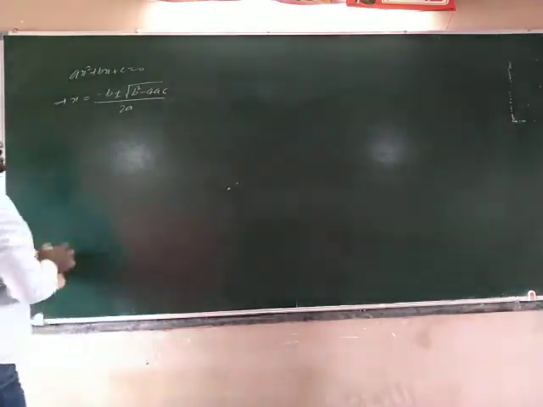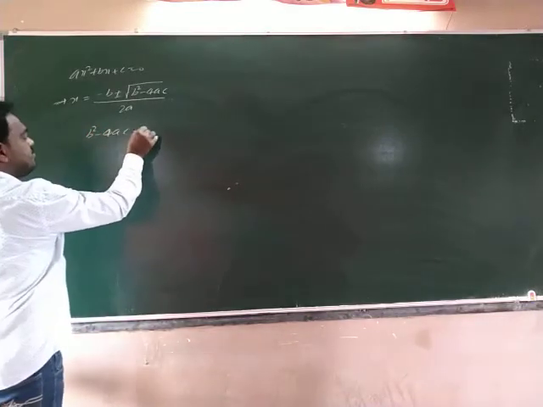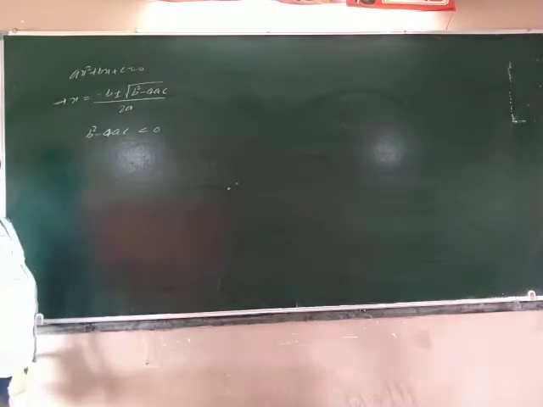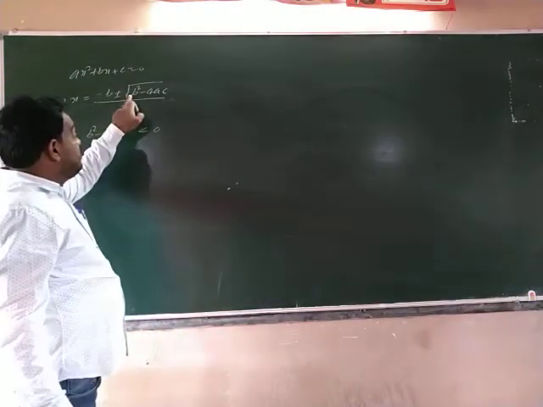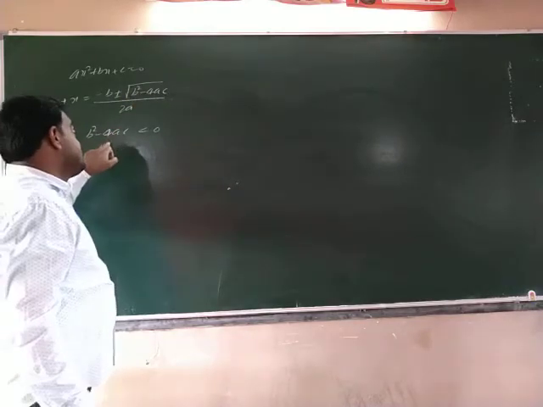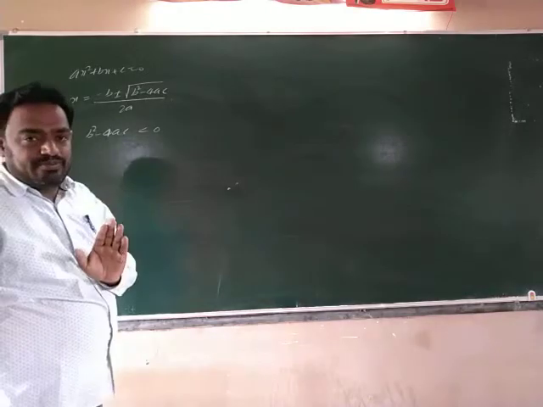If b² − 4ac is less than 0, meaning a negative real number, the square root doesn't exist in real numbers.